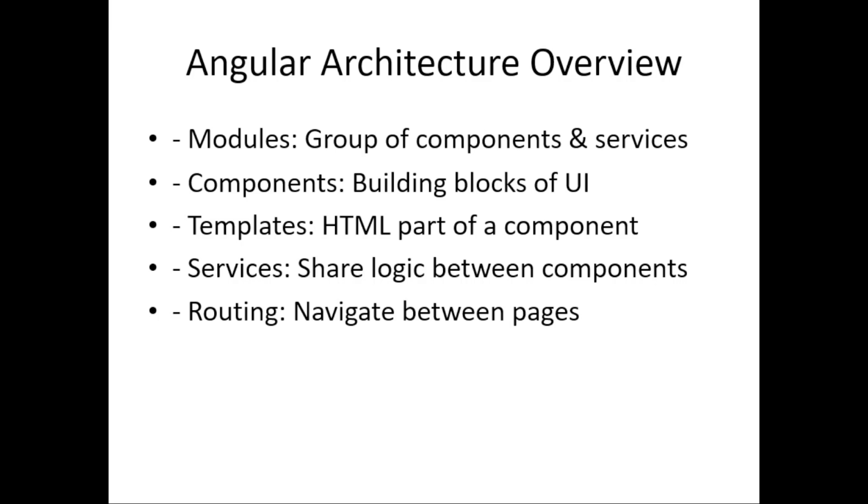HTML is like the skeleton of any UI, and CSS adds syntactic sugar, so we can have colors and create styles for that HTML. In TypeScript, we have the programming logic. All three chunks make up a component.